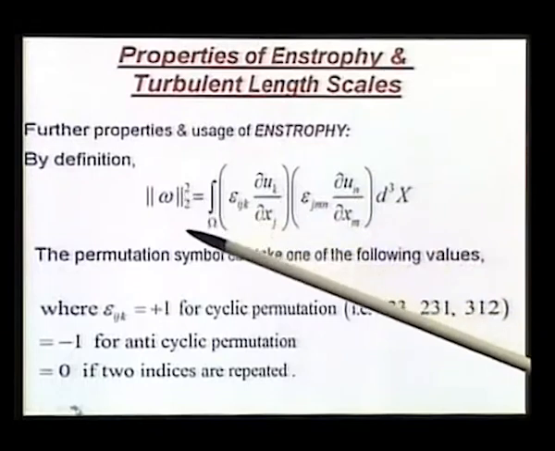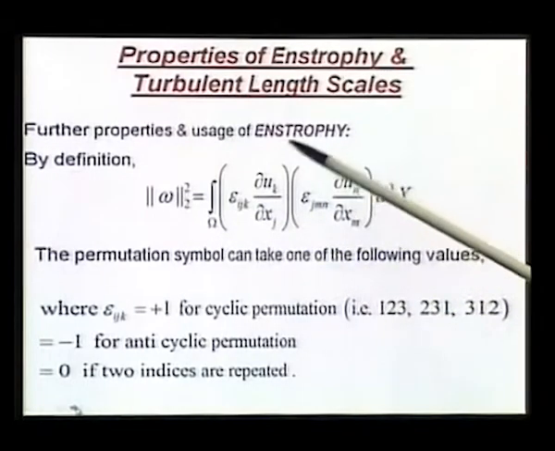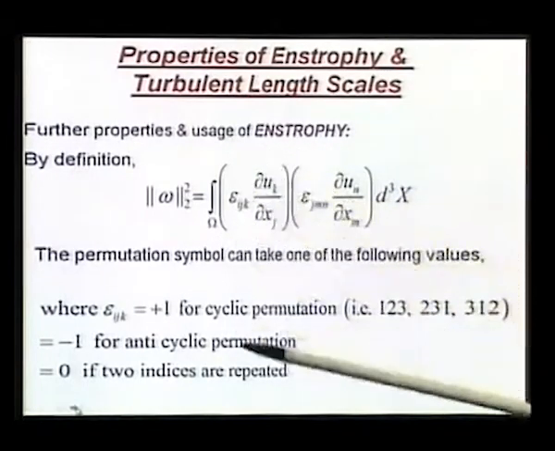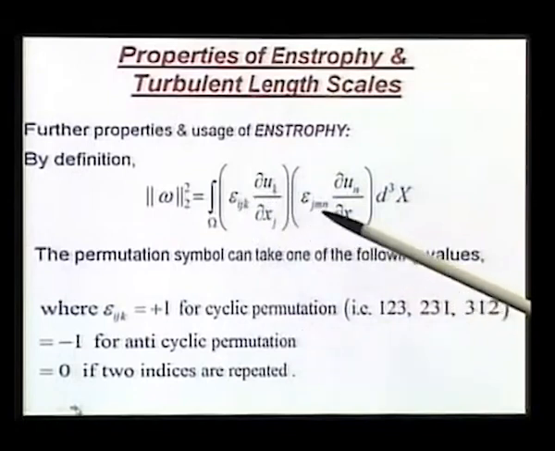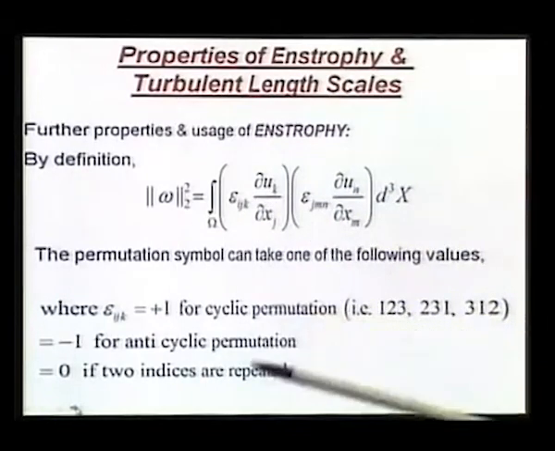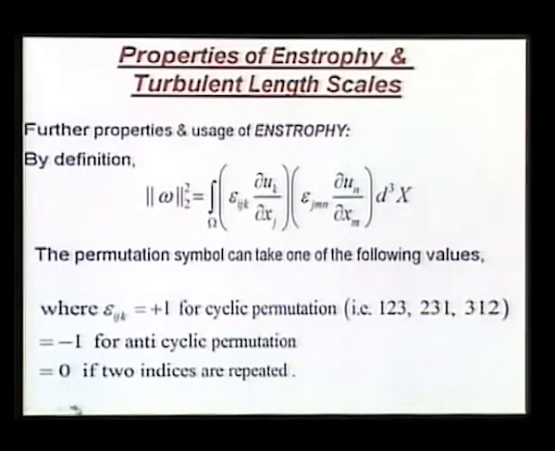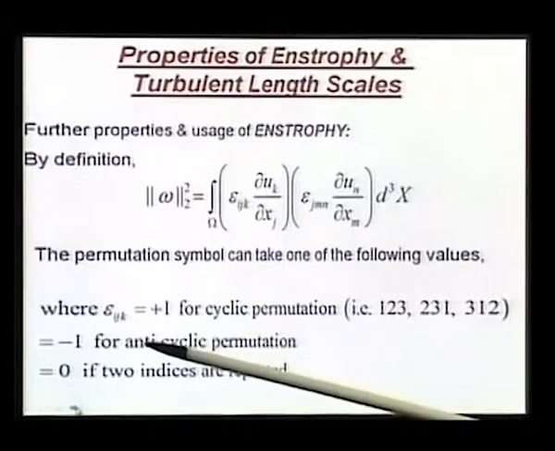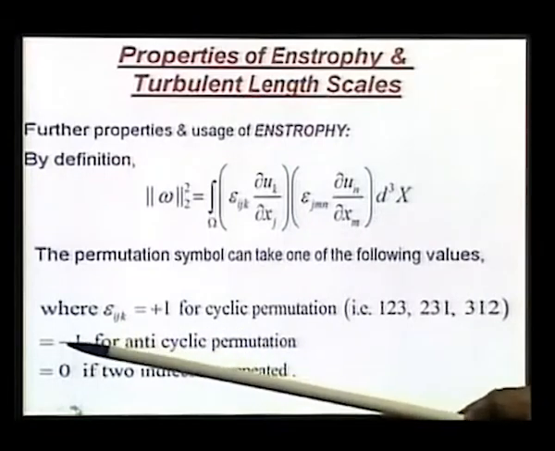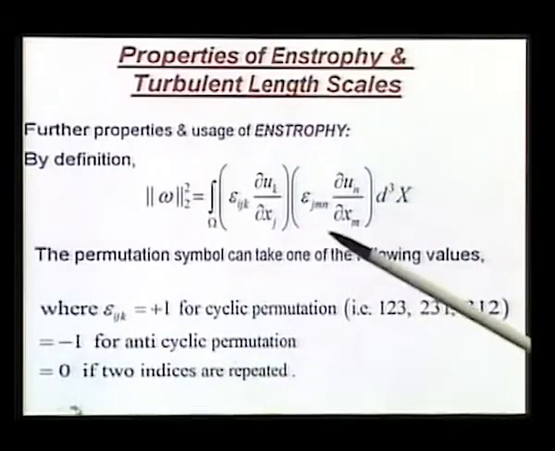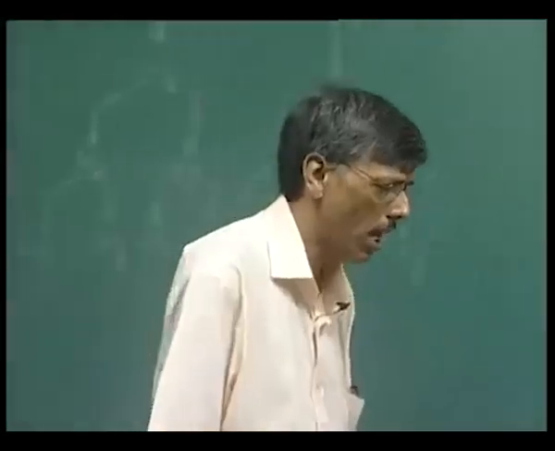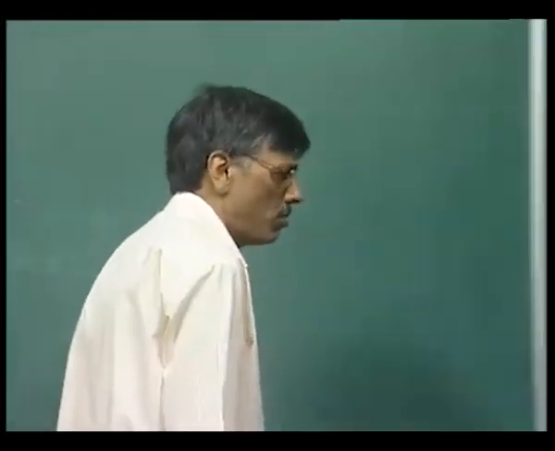It is the square of the vorticity, and this is the generic definition in terms of the permutation symbol e_ijk and e_jm. As we discussed, if they are in cyclic order, that is positive 1, but if the cyclic order is broken, it becomes an anticyclic permutation and gets a -1, and if any two of these indices are the same, they do not contribute anything.